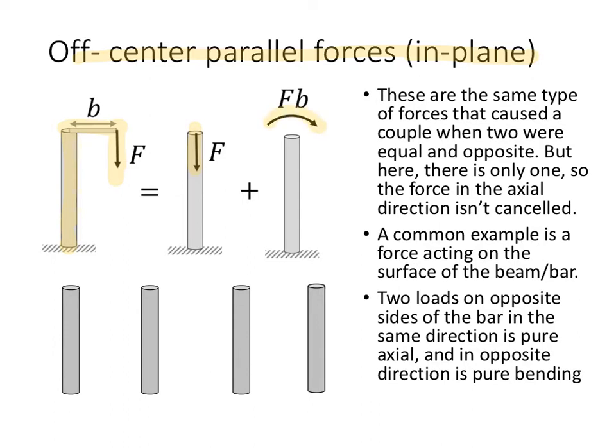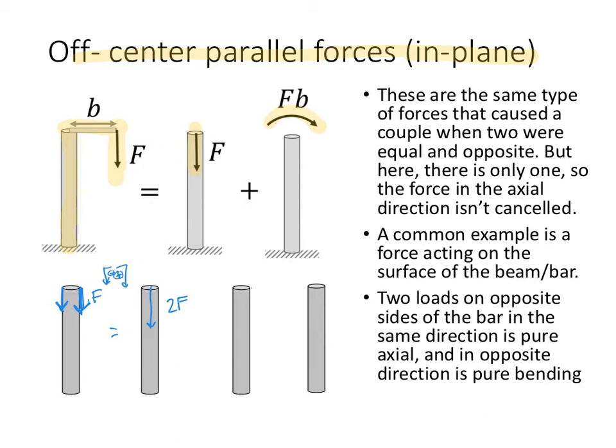A common cause of this type of force is one that acts on the outer surface of the beam. You don't actually need a crossbar to get this off-center parallel force. And so this may look familiar if we had equal forces on both sides of the beam. That would just translate to a force of 2F in the middle of the beam, because the moments created by that are in the positive and negative direction and would cancel.